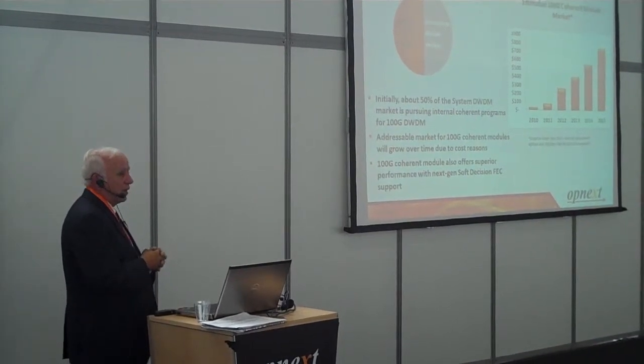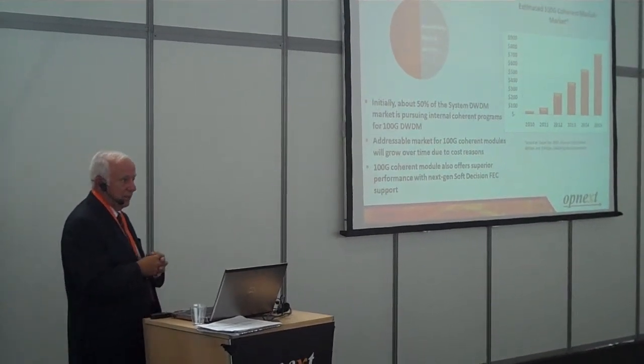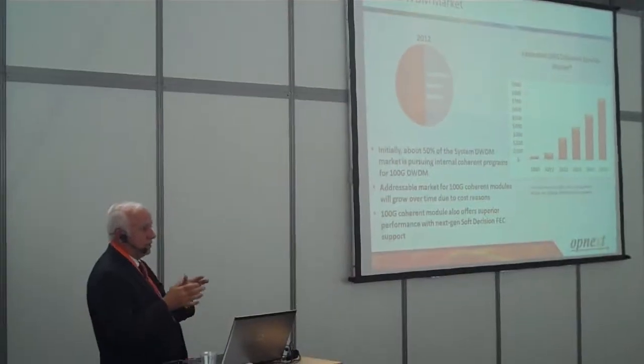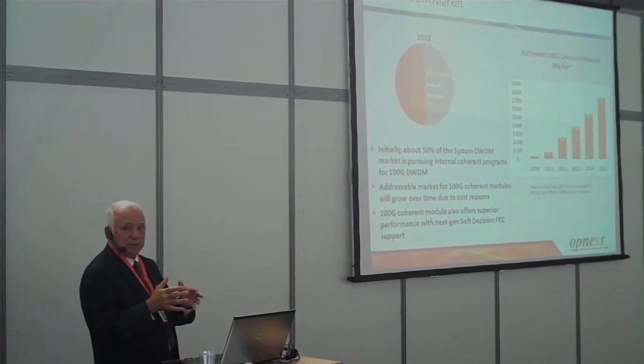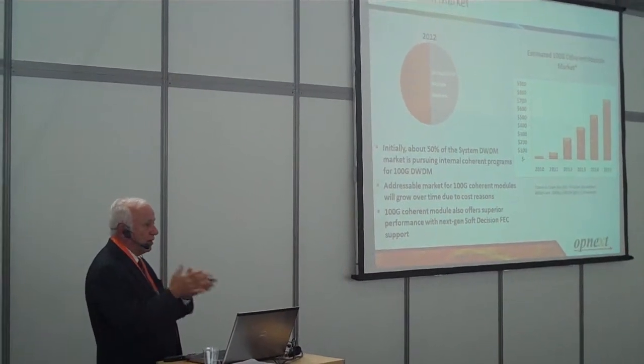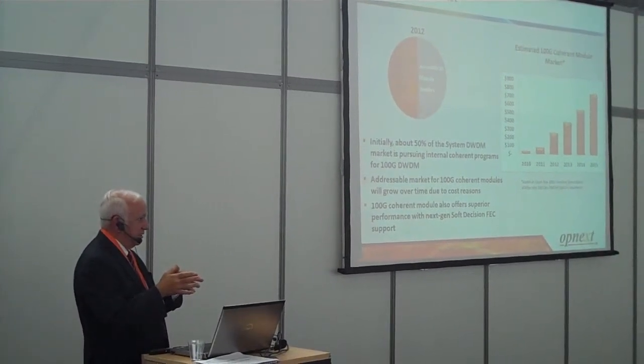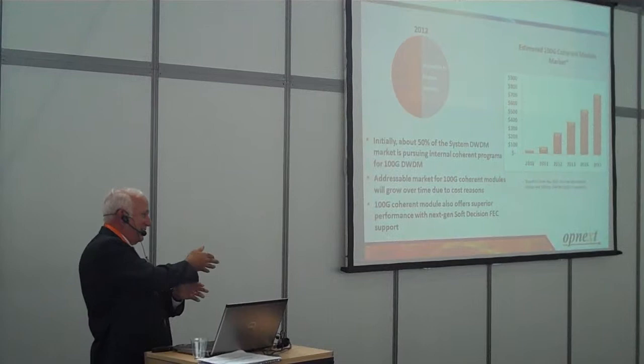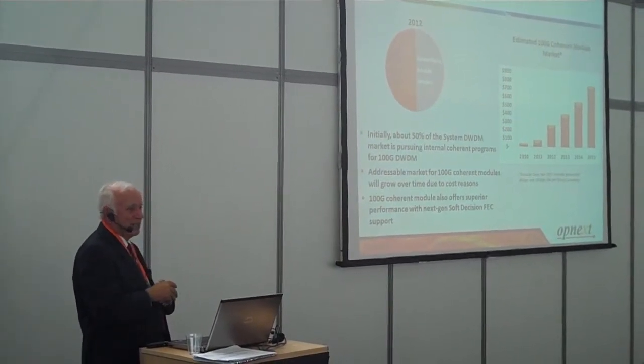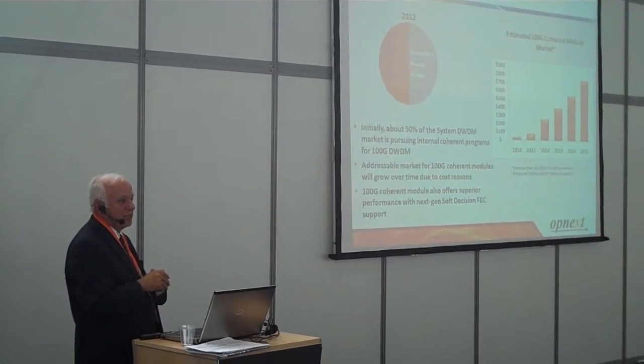The 100 gigabit market is kind of different. In 40 gigabits, we clearly went to module base. 40G coherent, some system vendors built their own, customized it. It's kind of going back where it was when customization was done 12 to 15 years ago.